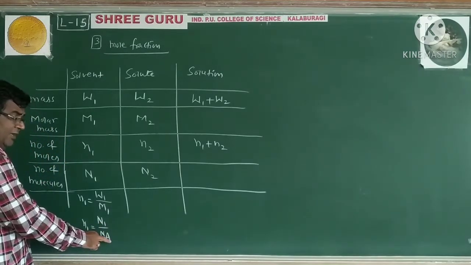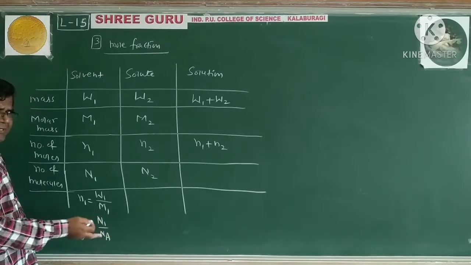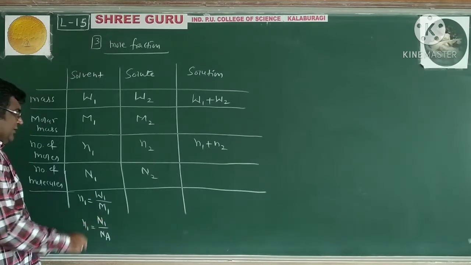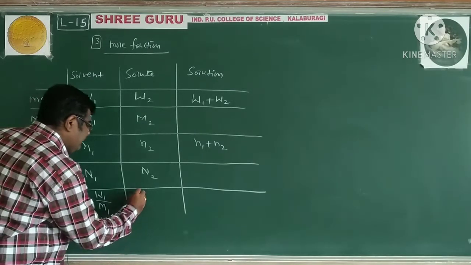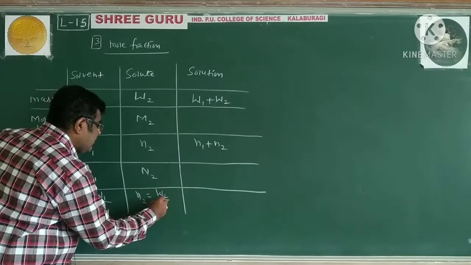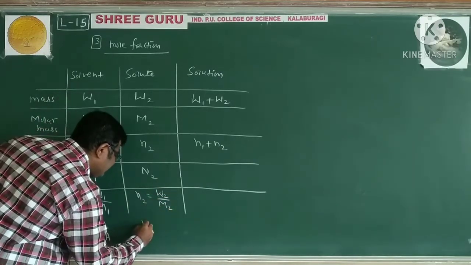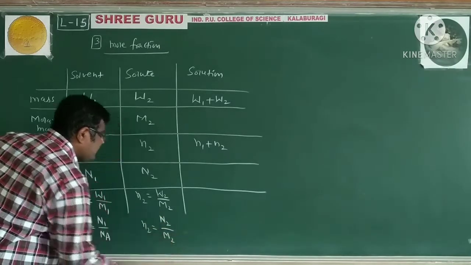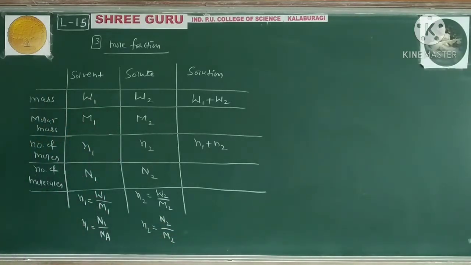There is no NA1 and NA2, because NA is the Avogadro number, which is constant, and this 1 stands for solvent. Similarly, n2 equals W2 by M2, or N2 by NA, where M2 is the molar mass of the solute.